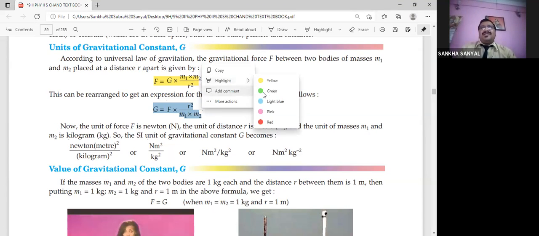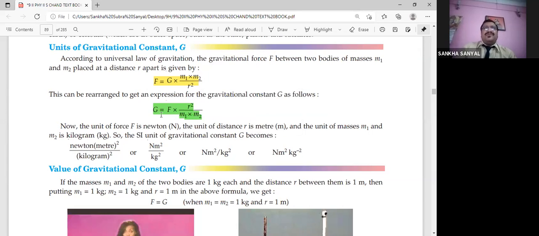Check over here. It turns into G is equal to F into r square by m1 into m2, as r goes down and gets multiplied by cross multiplication. Now we are all aware that the SI unit of force is Newton.